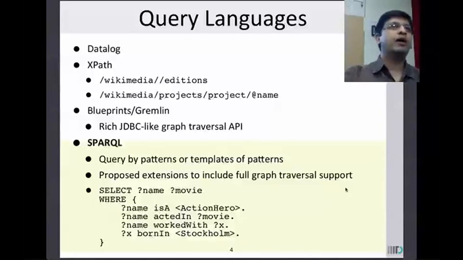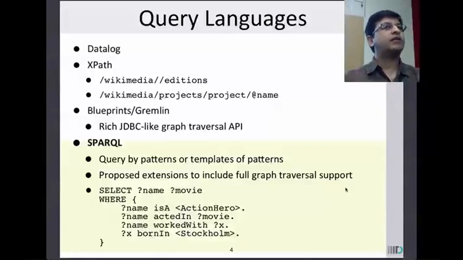So I give you a pattern of the graph that I am interested in, subgraph that I am interested in, okay, and retrieve all instances of this sub pattern in my data set. So this could be extended to have templates of patterns, as in you can have variables saying, okay, I am leaving some things unbounded. Okay, that's one thing that Sparkle, at least the version 1.0, focused on.